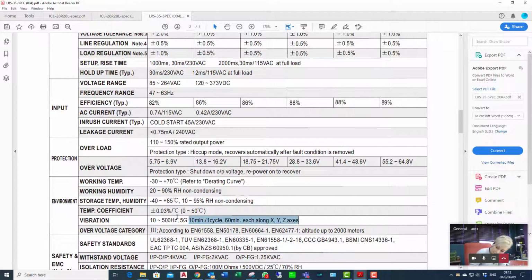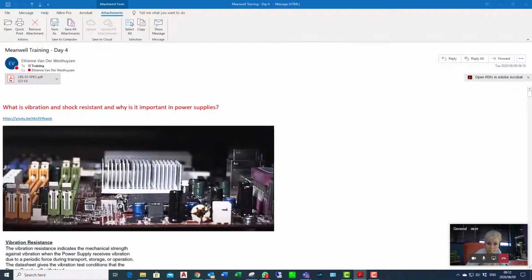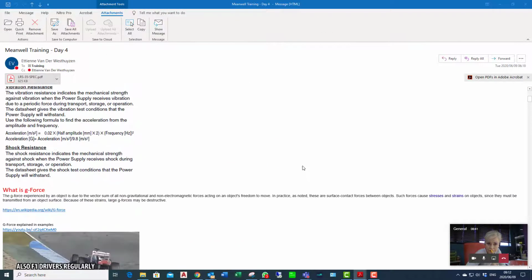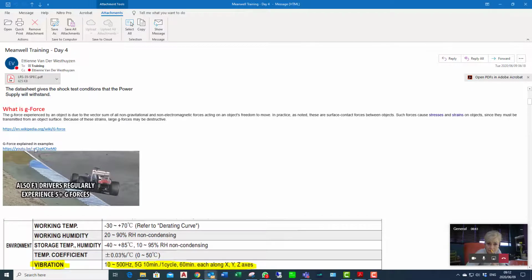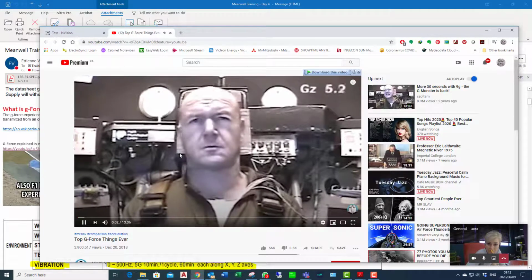So here, that portion where it speaks about 10 to 500 hertz, 5 Gs. Now I think we assume that everybody knows what is shock resistant. If we think of 5 Gs, we think of aeroplanes. I'm just going to have a quick browse there.